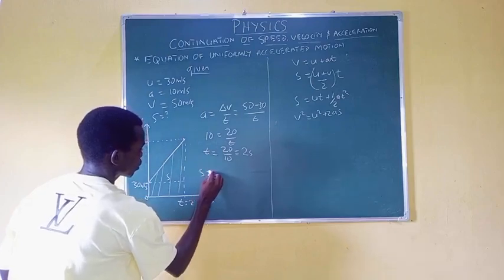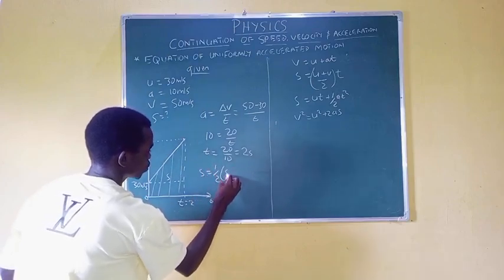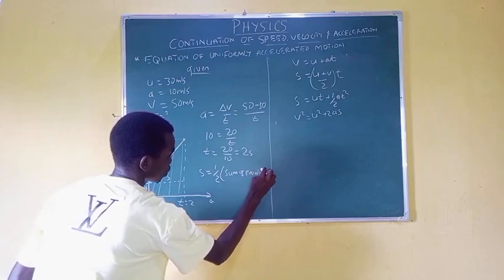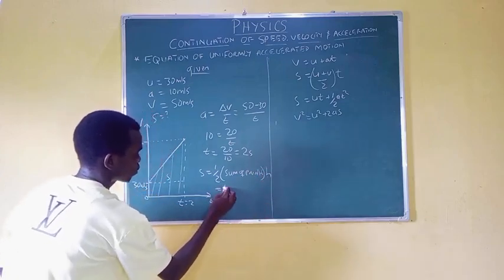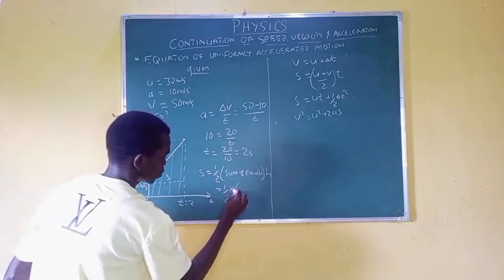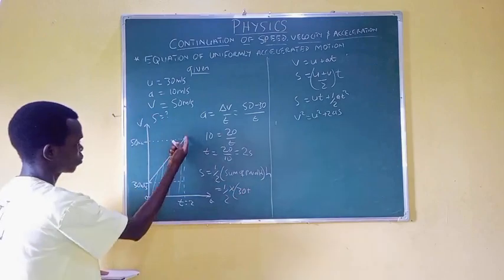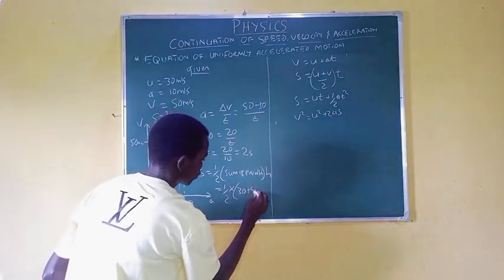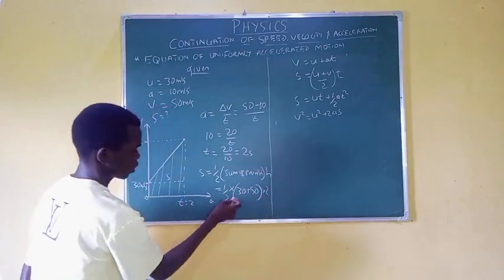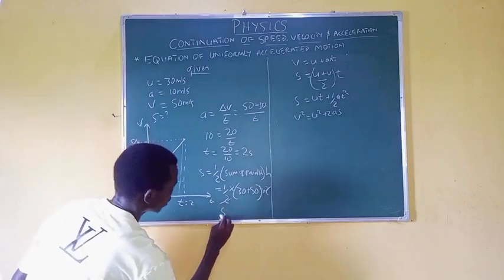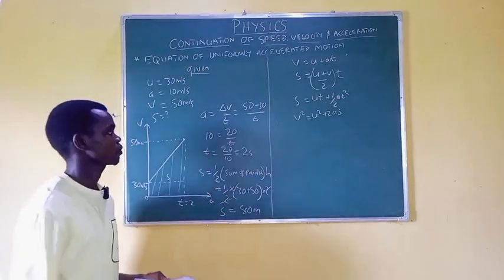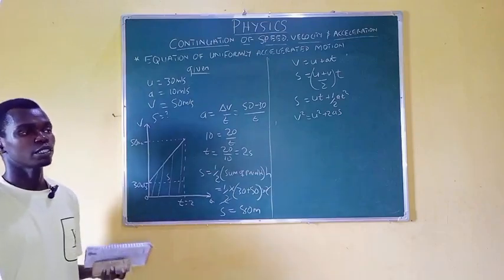We now have S is equal to 1 over 2 times the sum of parallel sides times height, which is 1 over 2 times bracket 30 plus 50, from here to here, times the time, which is 2. The 2 cancels this. Therefore, S is equal to 30 plus 50, which becomes 80 meters. This is the one using the velocity time graph.